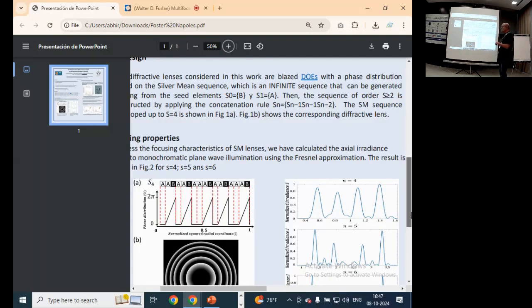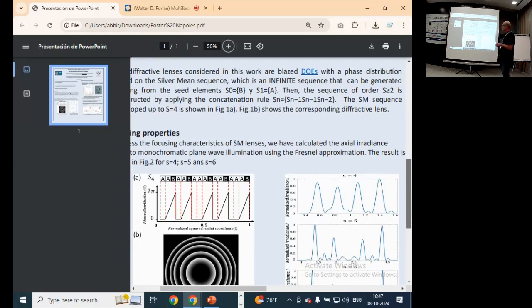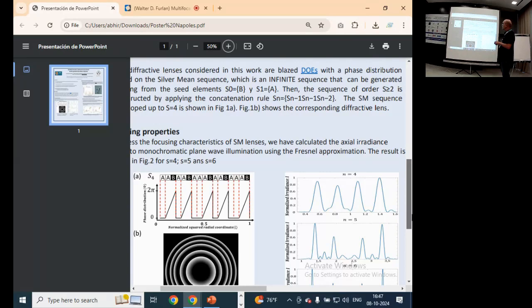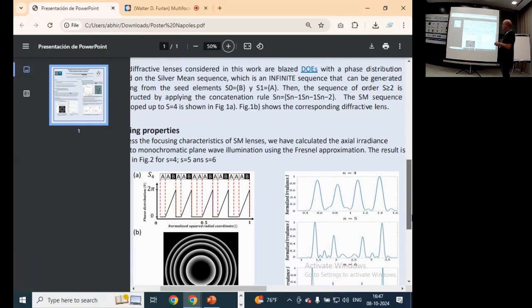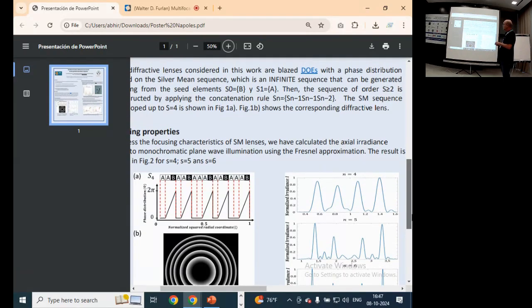So, to construct a lens, a diffractive lens with this sequence, we have adopted the following rule. With part of A, there is no phase difference in the lens, and where there is a combination of two different elements, A and B, there is an increasing phase between 0 and 2 pi of the phase of the lens.